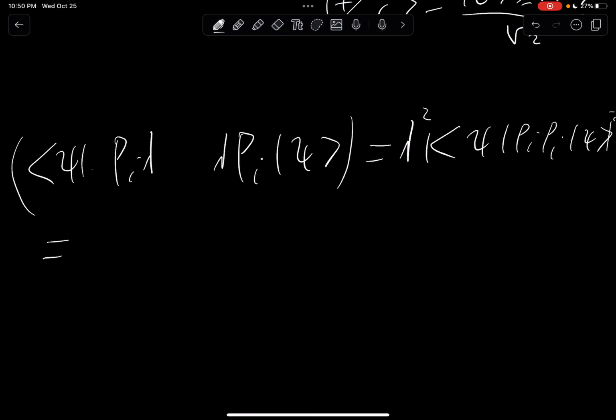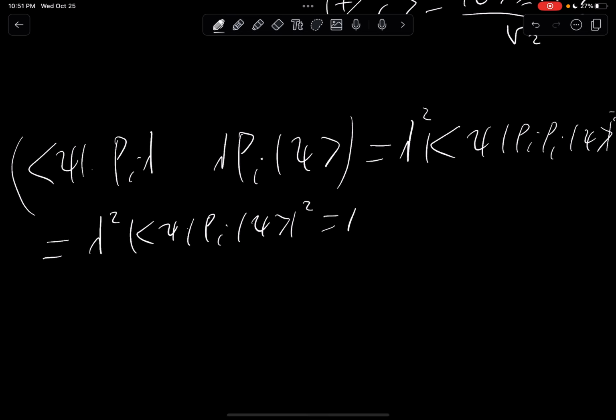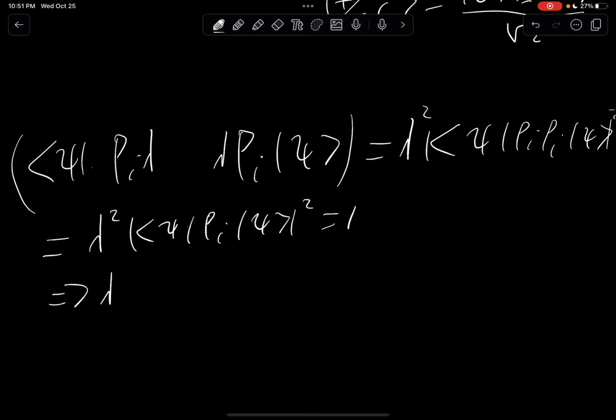We can kill these two pi's, so we just get lambda squared, and so we see that this leads to lambda being equal to, let's see, it turns out this will always be a real number, I believe.